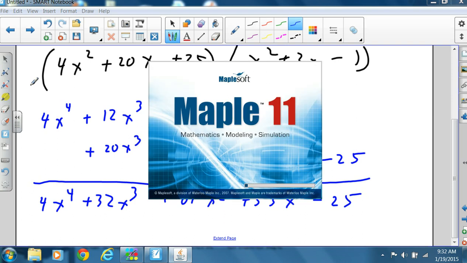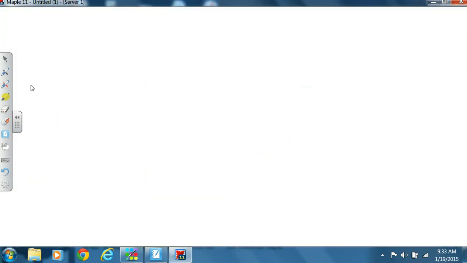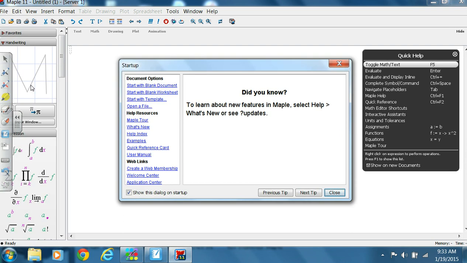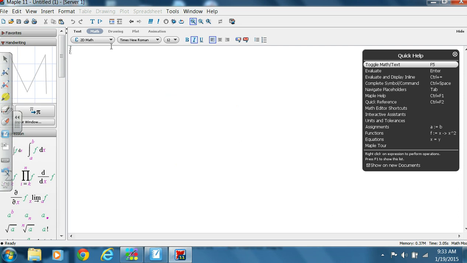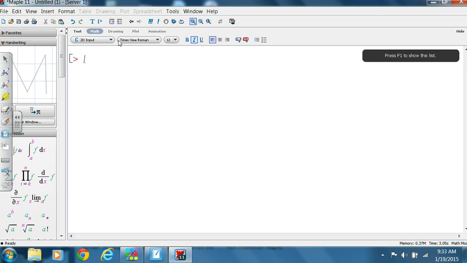But besides having a calculator that won't do that problem, I do have a Maple program, which is $128 a piece. If you decide that you need one, which you probably don't need yet. But if you were going to go on to get a 4-year degree in engineering, then you'd want one. So we're just going to put it in Maple and see what Maple thinks.